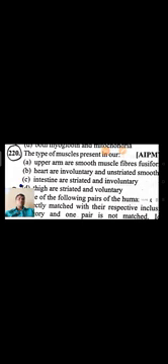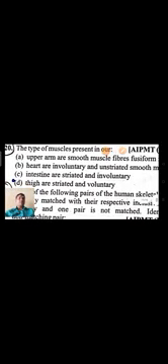Heart is going to have the involuntary muscles. Intestine is striated and involuntary. Thigh are striated and voluntary. So the type of muscles present in the thigh are skeletal muscles and they are voluntary in function. Remaining all the three options are not matching with the question.